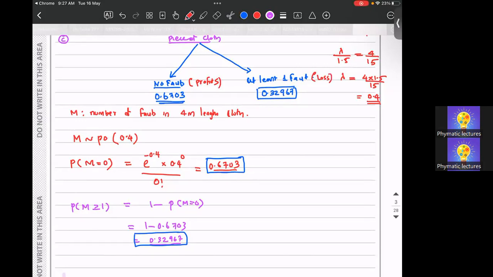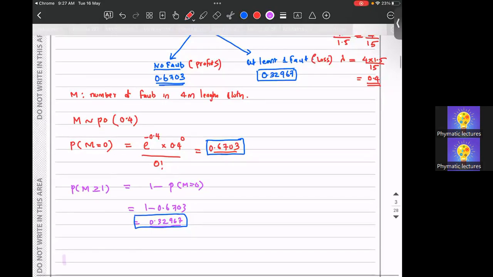So she has to suffer the loss. So what is the profit she is actually obtaining? Profit is 7.4 minus the manufacturing cost, so that is 2.4 pounds. Then what is the loss? Loss is 2 minus 5. So that is minus 3.